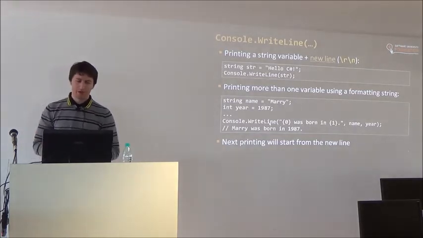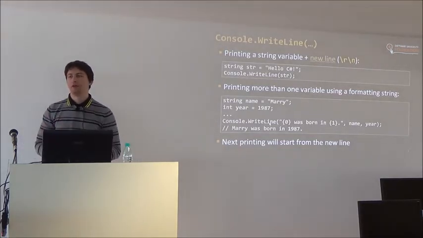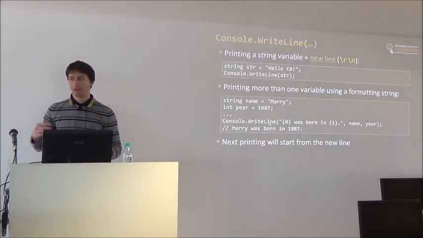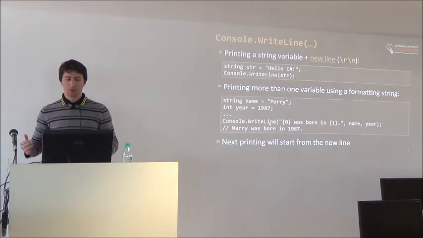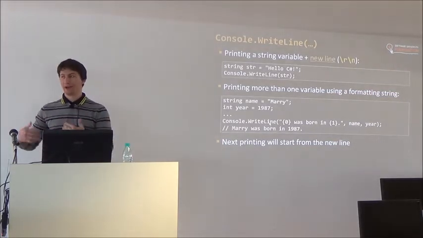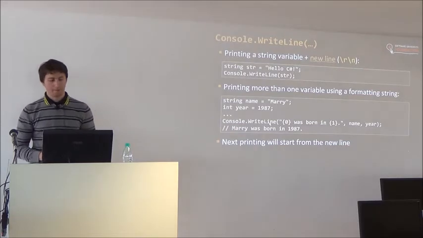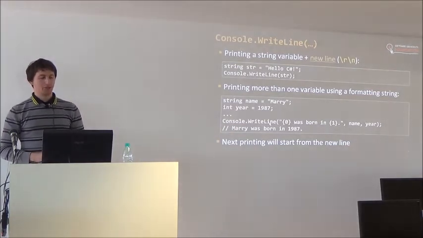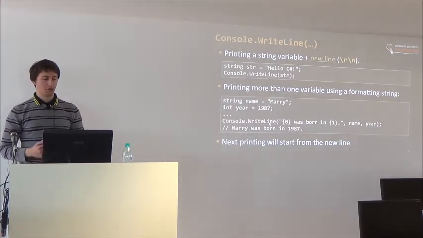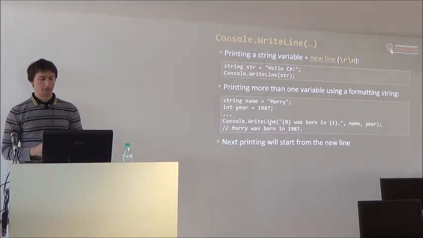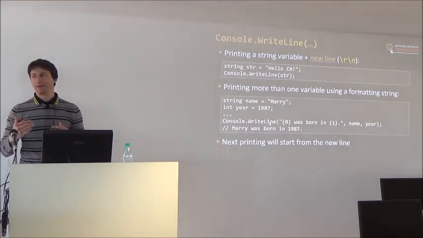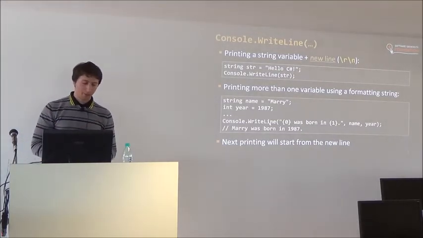I can't remember exactly what they're called, but those are interpreted by the console as symbols for a new line. So you won't get \r\n as output. You won't see them. You just have the cursor move to the next row, the next line. In this case, you just print the string hello C#, and then you get a new line. So when you start writing again, you'll be on a different row.